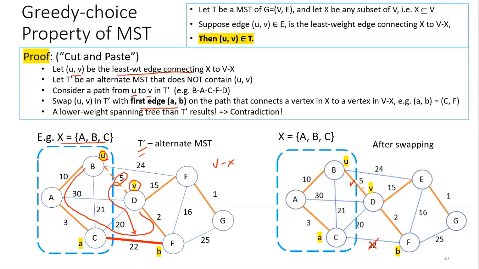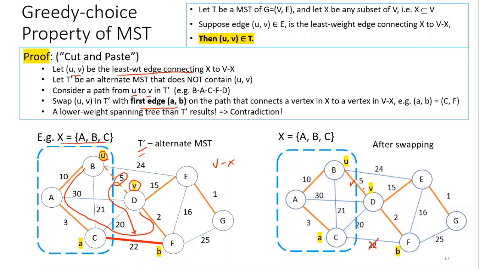So we've taken T prime, which was following a different path. We found the edge between U and V which was the first edge crossing over from X to V minus X. We've taken that particular edge, cut it out of T prime, and now we've put the edge UV into T prime.